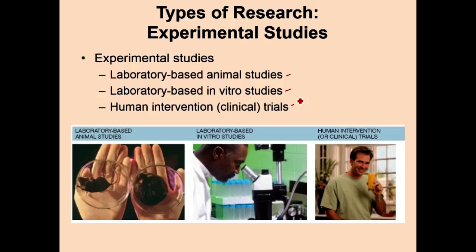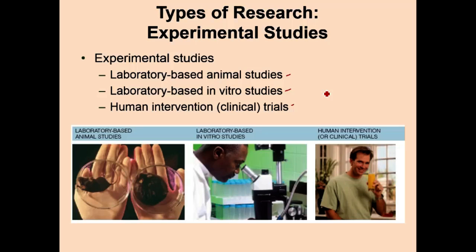Weaknesses include that they cannot apply the results from test tubes or the in vitro studies or animals directly to human beings, because there are going to be some differences in the animal physiology when compared to the human physiology. And they also cannot generalize findings on human beings to all human beings. So if a clinical trial was being conducted on men from the age of 50 to 70, those results cannot necessarily be applied to women who are 30 to 45.